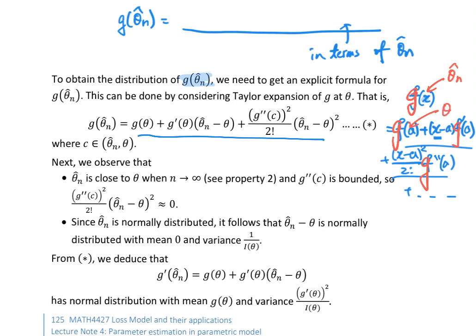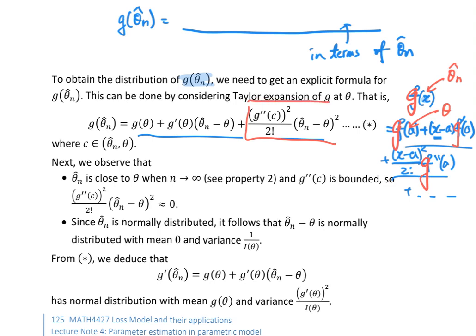After you apply the Taylor expansion, this is what you get. Just be careful that because g is only twice differentiable, meaning it can only be differentiated twice, you can only stop at the second order term.